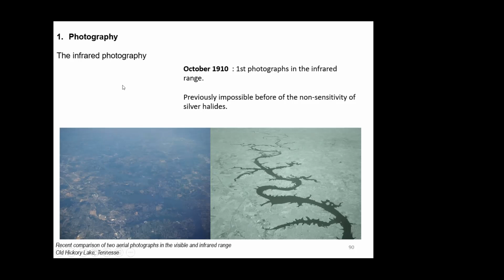In the infrared range, it was impossible to use the same system because the silver halides are only sensitive to the visible. It is of interest for the first development of remote sensing, but silver halides cannot be used, so it was necessary to use other chemical products for fixing the infrared response in the film.